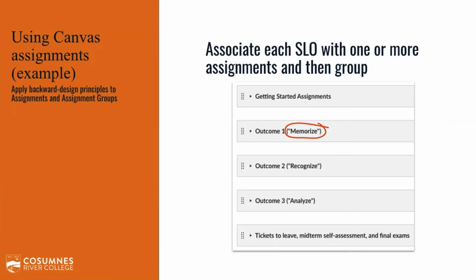Nowhere does it say in my history class of 3 student learning outcomes, nowhere does it say in curriculum that student learning outcome 1 must be worth 20% of the final grade and student learning outcome 2 must be worth 40%. And right, we don't have to do that at all.